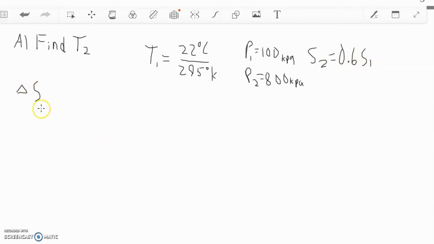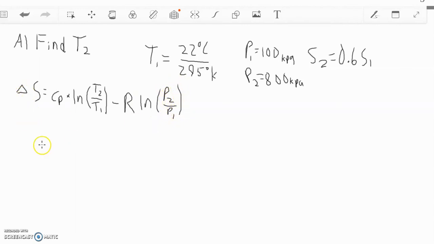So we're going to start with the formula for entropy of an ideal gas. The delta S equals specific heat times ln T2 over T1 minus gas constant times ln P2 over P1. Going to rearrange this because we're solving for T2.